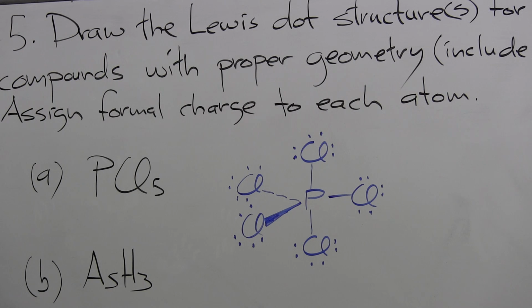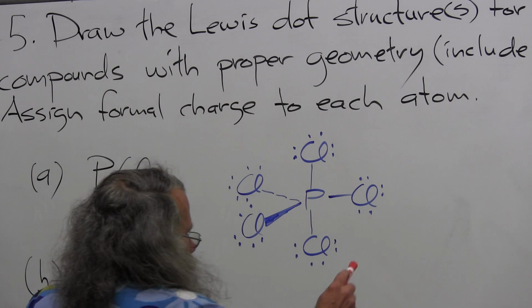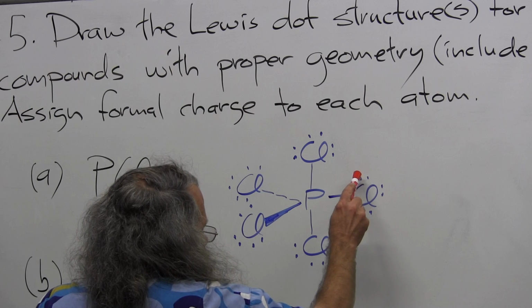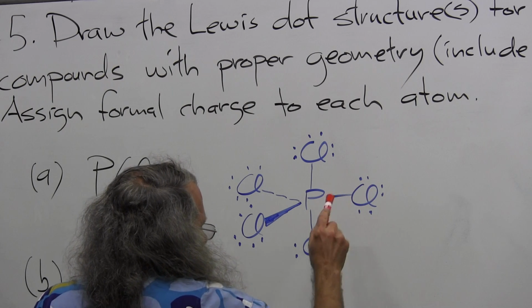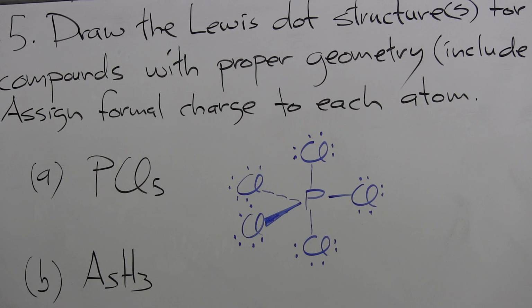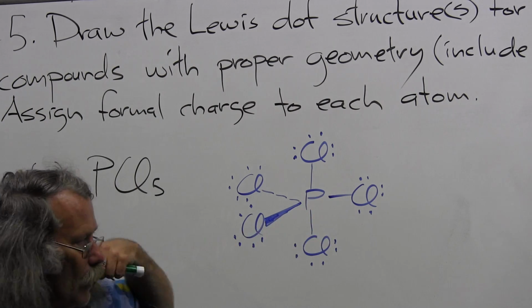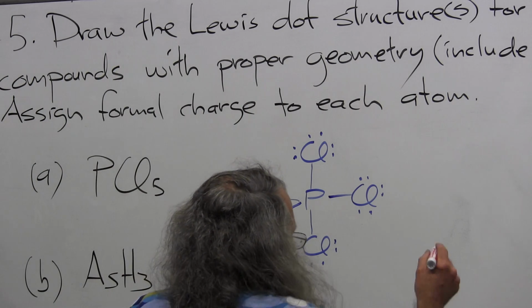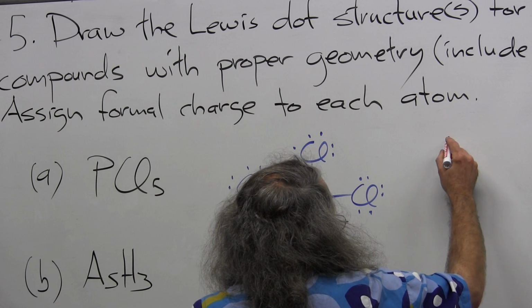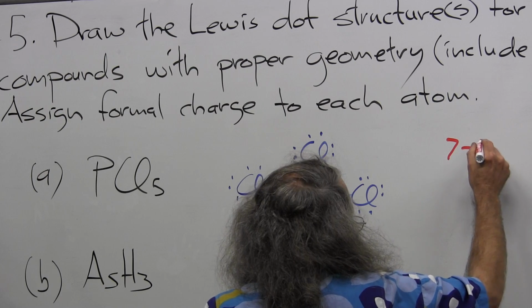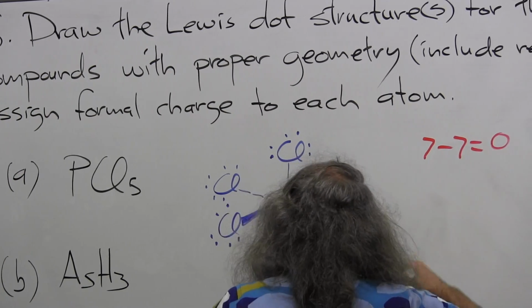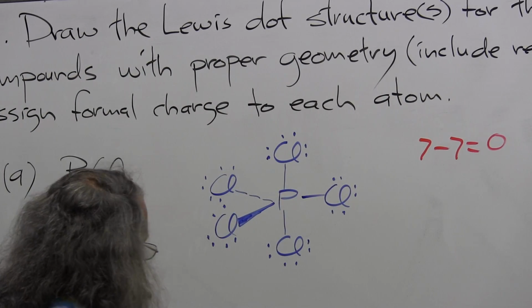And so this gives me 1, 2, 3, 4, 5, 6, 7 electrons with chlorine, and the group number for chlorine is 7. So I have the formal charge, this is scratch paper. For chlorine, it's 7 minus 7 equals 0. So I have 0 formal charge on chlorine.